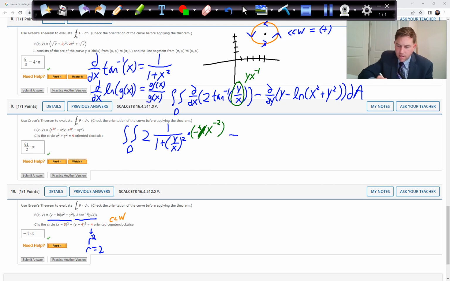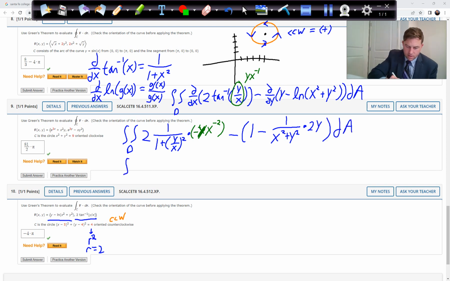Then it's going to be minus the partial with respect to y, which is going to be 1 minus 1 over x squared plus y squared times the derivative of that function with respect to y, which would be 2y, dA.